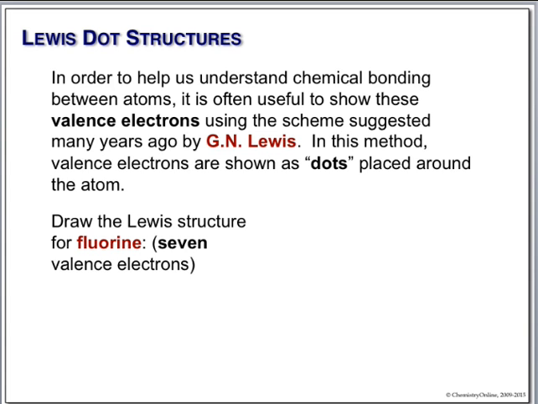Because it's in group 7, it will have 7 valence electrons. We'll start off with the symbol, that's an F. And now we must put 7 electrons around it, put them in singly, and pair them up.